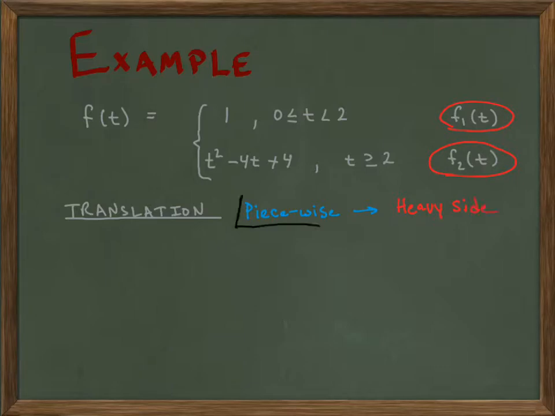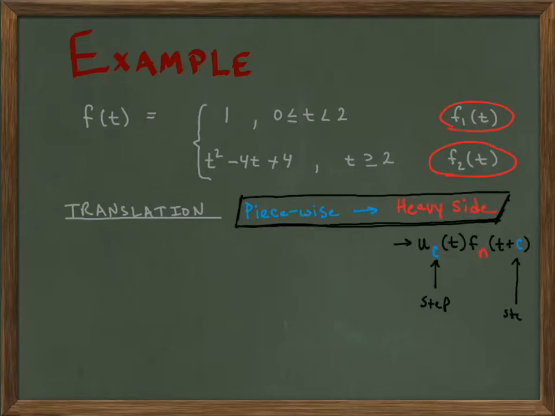So our first step is we're going to translate our piecewise function into a Heaviside function. And a Heaviside function has this form: u sub c of t times f sub n of t plus c. Actually, it really doesn't have the little n in there, but I put it in there to help us remember that, hey, it's a piecewise function, and we have to consider all the little components that go into our main f of t function.